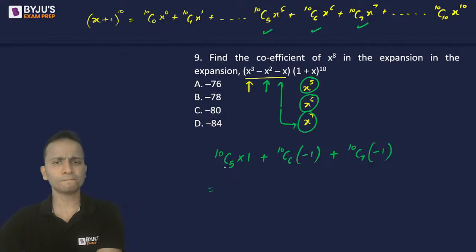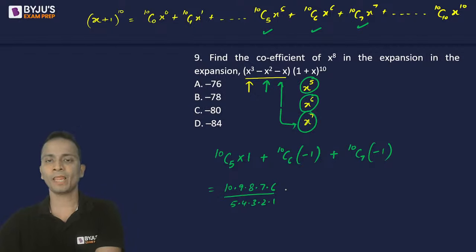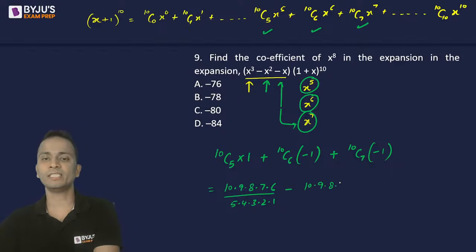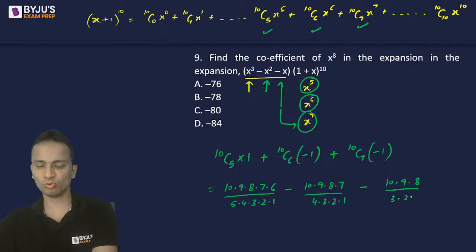You can simplify this. अब 10c5 की value कितनी होगी, 10 into 9 into 8 into 7 into 6 divided by 5 into 4 into 3 into 2 into 1. माइनस लिख देते हैं, because plus minus तो minus बन जाएगा. 10c6 will be 10c4, so 10 into 9 into 8 into 7 divided by 4 into 3 into 2 into 1, minus 10c7 which is 10 into 9 into 8 divided by 3 into 2 into 1.